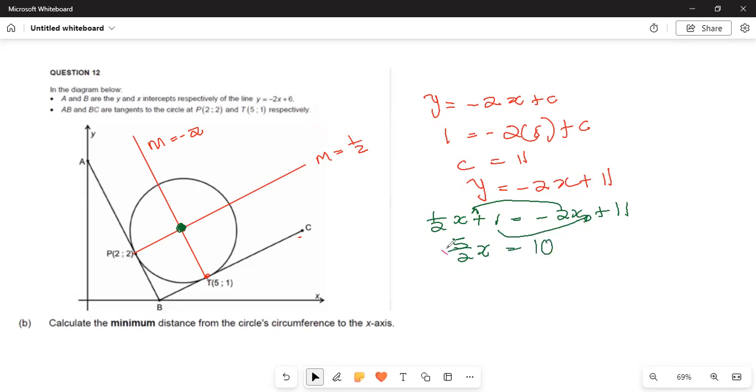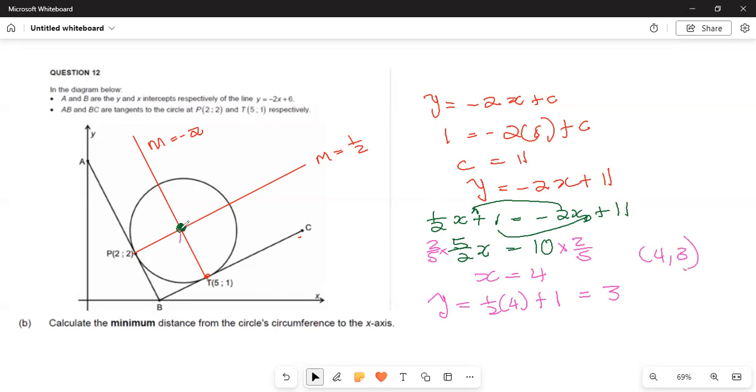And we go ahead and multiply both sides by the inverse, and we will get that x is equal to 4. Then, using one of the graphs, we want to calculate the y value. Let's say y is equal to 1/2 times 4 plus 1, which will give us 3. So the center is at 4 and 3.